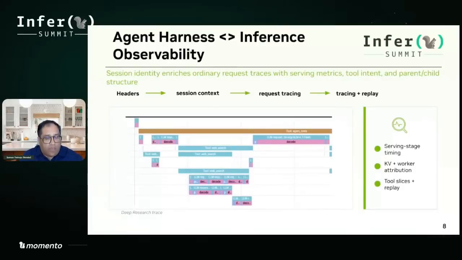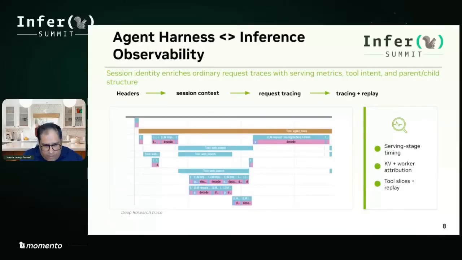Once you have an observable trace, now what do you do with it? It's very important to understand that generating this trace could have been done by the harness emitting events.